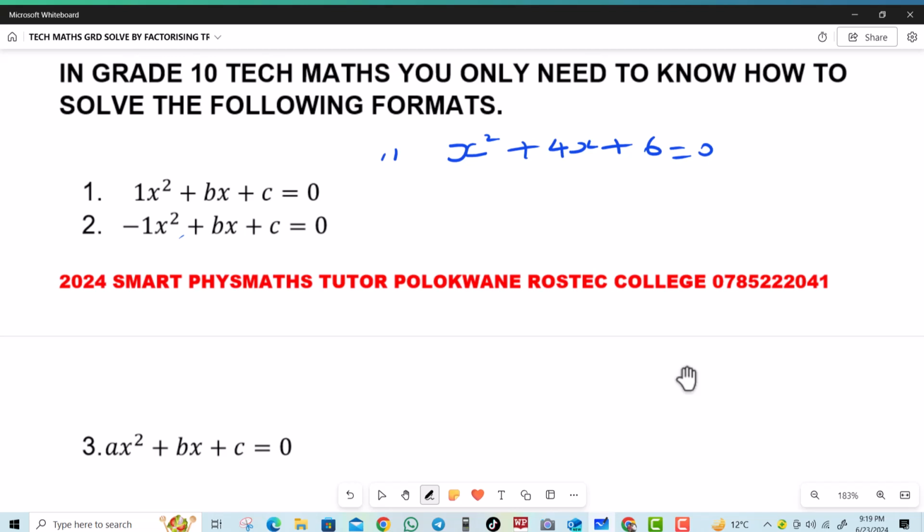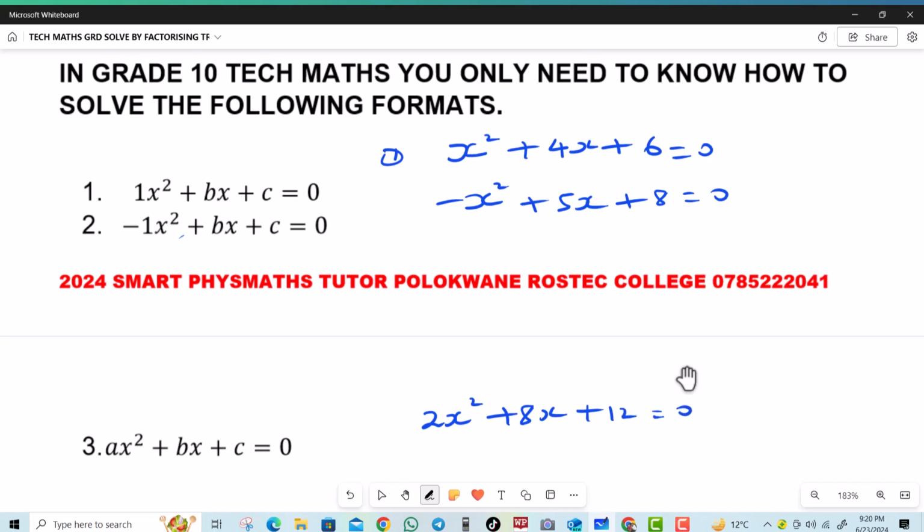And then for the second form, we can have an example of negative x squared plus 5x plus 8 equals 0. And for this other one, we can have an example of 2x squared plus 8x plus 12 equals 0.